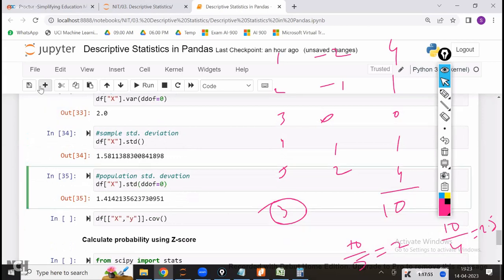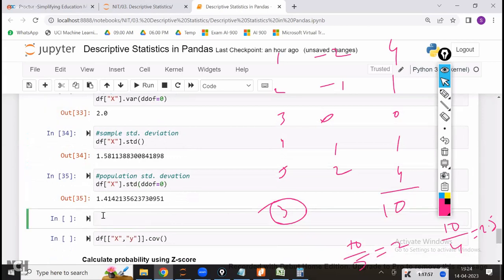Next, you want to calculate the quartiles. So df of X variable. For the X variable, you calculated the minimum value, maximum value. Now you want to calculate the quartile, with respect to 0.25.